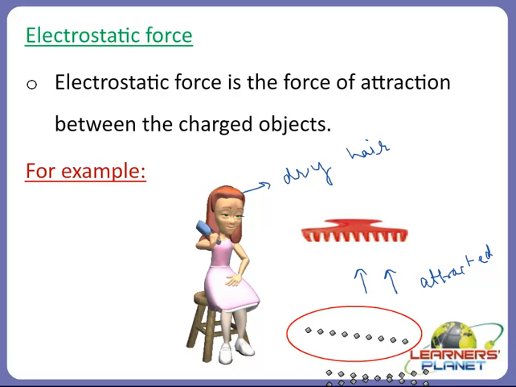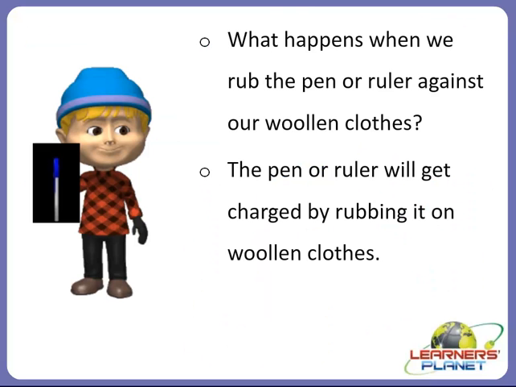So this attraction is termed as the electrostatic force. So this is a force of attraction between the charged particles. The second example is, what happens when we rub the pen or a ruler against our woolen clothes?